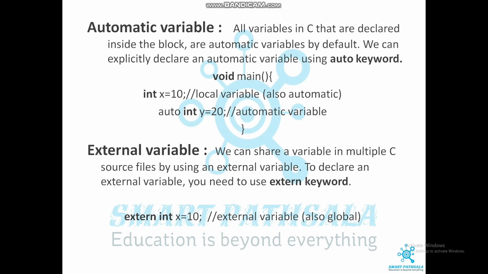For instance, take an example: we are making two C source files, program 1 and program 2. Now in program 1 we have defined an integer variable x equal to 10 as an external variable. Now we can use this external variable in our source file program 2 by calling it in the program 2 source file.